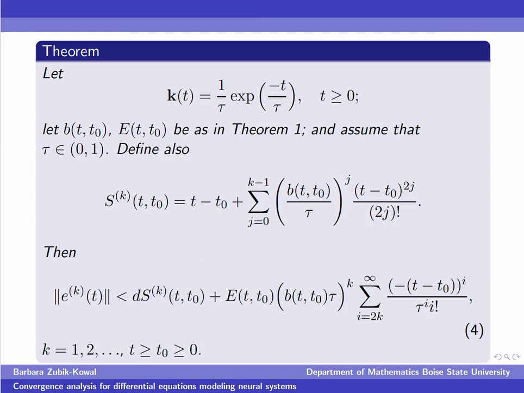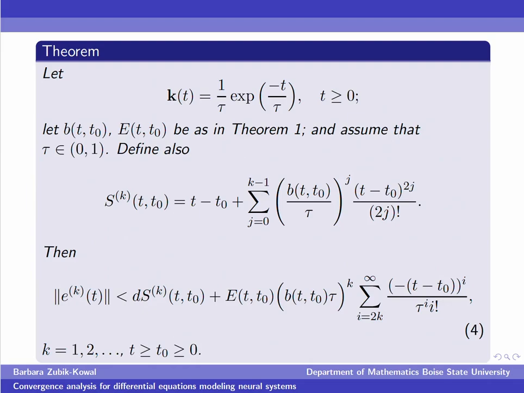The subsequent theorem presents a sharper error bound than the error bound presented in the previous theorem. This error bound is sharper because it's derived using the specific form of a kernel defined by the exponential function. And this error bound is expressed by inequality 4.